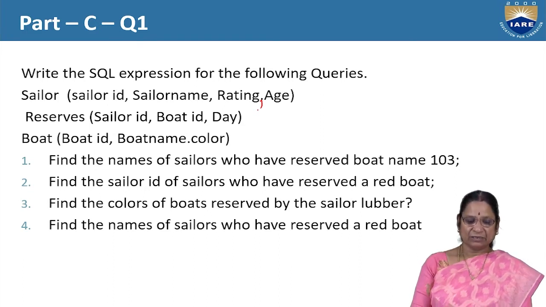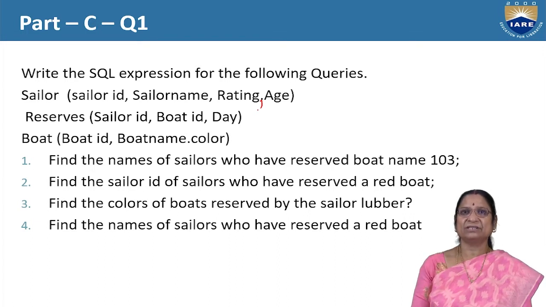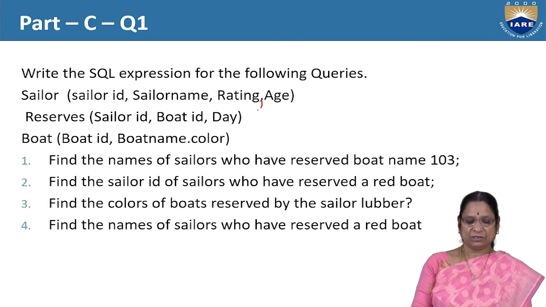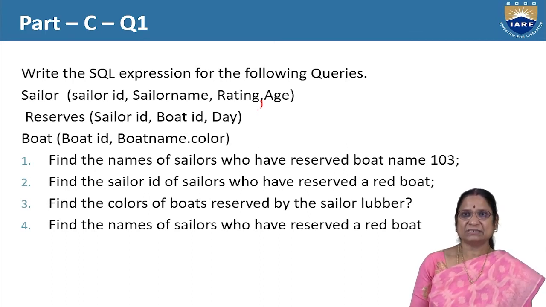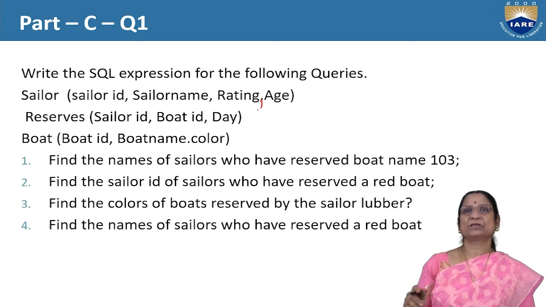Find the names of the sailors who have reserved boat number 103, find the sailor IDs of sailors who have reserved a red boat, find the colors of the boats reserved by the sailor Lubber, and find the names of sailors who have reserved a red boat.